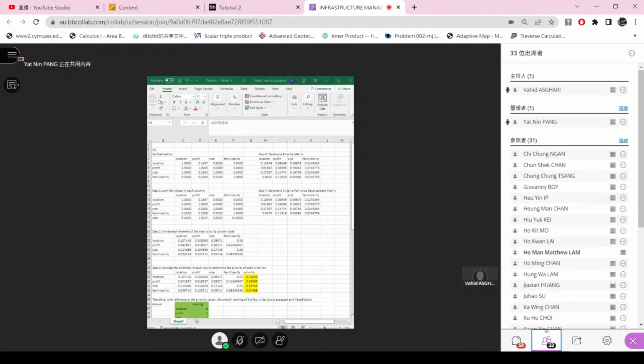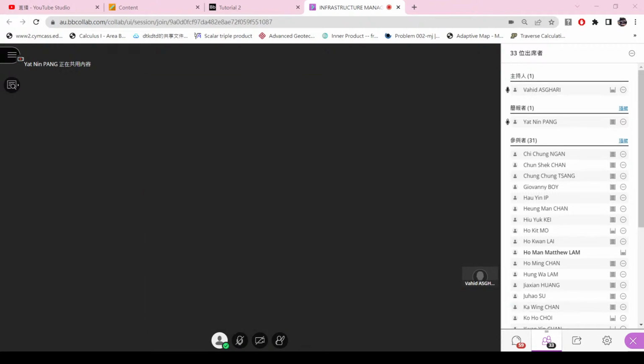So I need to correct myself. The tutorial has asked for the overall ranking of the four criteria. I would say that probably Dr. Shu meant step 8, slide 45. Step 8 is to develop an overall priority vector.